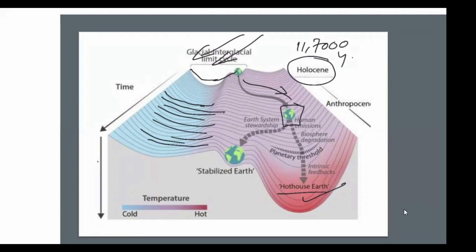So what is important now is to drive back the Earth system towards this, so that this cycle will not be disturbed. So the Earth is to be stabilized.